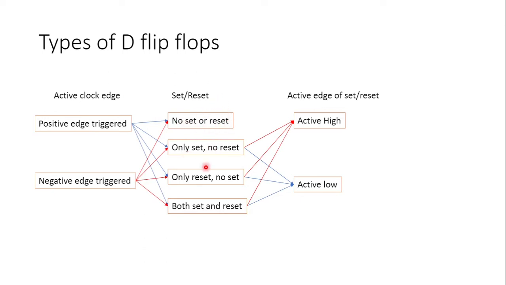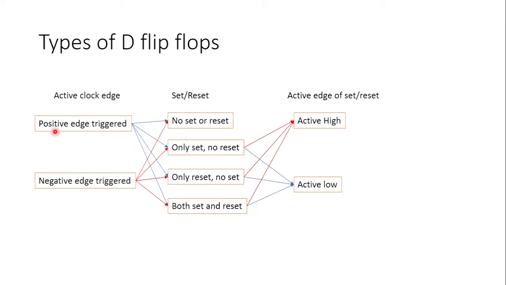For that we have four categories: no set or reset is available, only set is available but no reset, only reset is available and no set, and finally both set and reset are available. Now these set and reset can be either active high or active low.